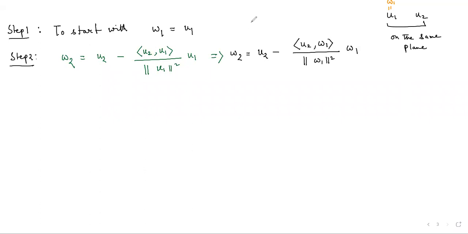So you see that we have constructed the orthogonal vector w2 with respect to the vector w1 in the two-dimensional plane.